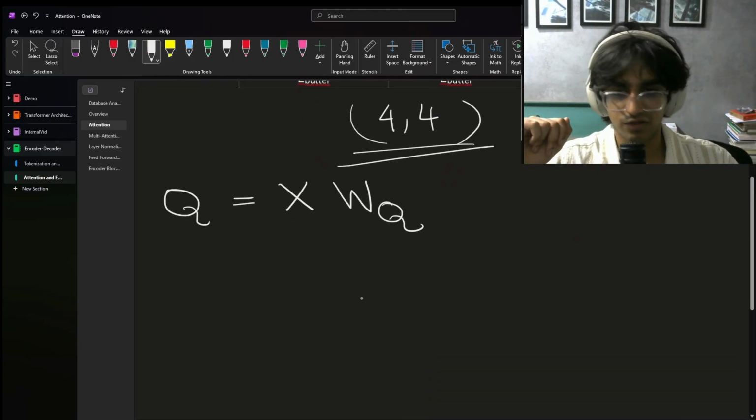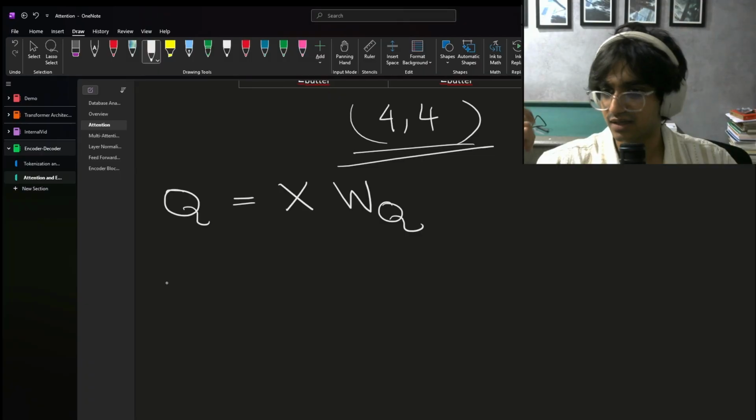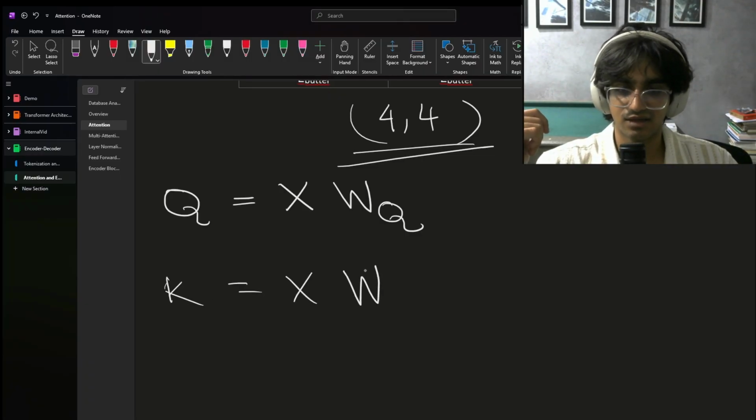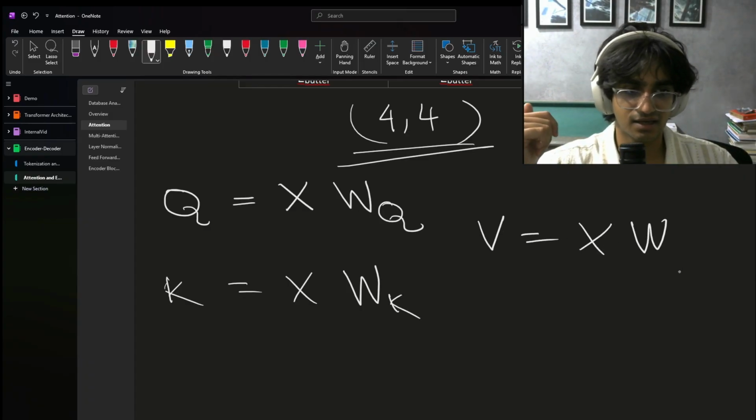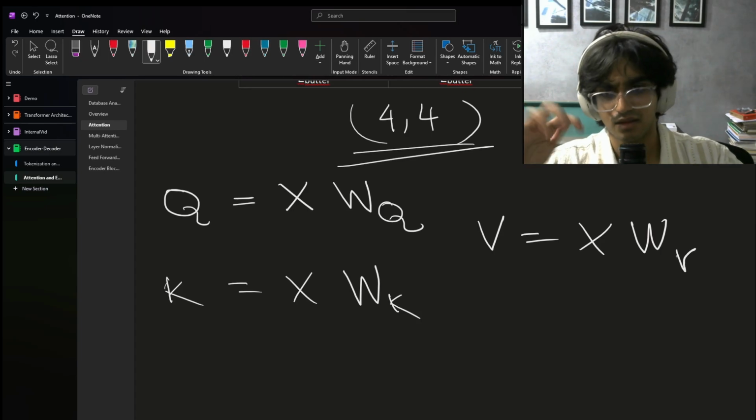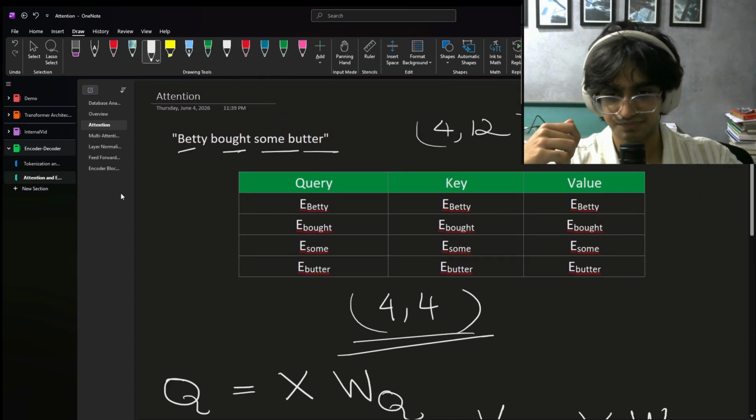So similarly, if Q is for the query, we've got our key. Again, we're going to add X, and we're going to have a weight associated with that. Similarly for V, we've got X and WV. So what are the shapes for all of this?